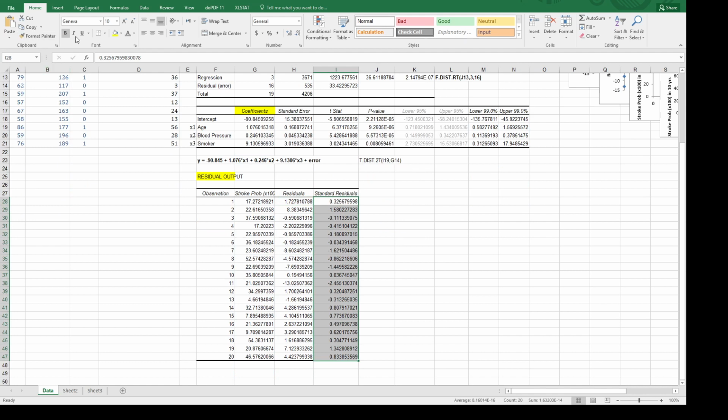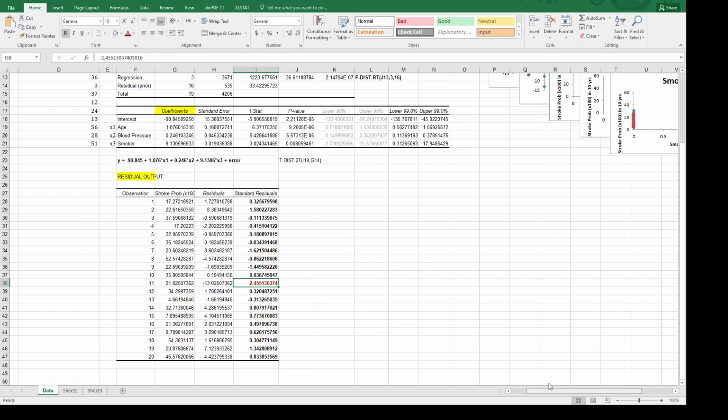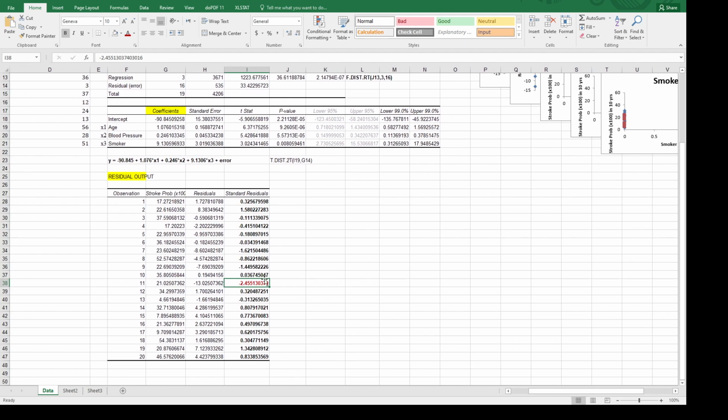So these values, you just need to double check whether there is anything above 2 or below negative 2. And as you can see, everything is okay except for one value here, which is less than negative 2. So what I said is just watch for values that, let me just use a red color, are either above 2 for standard residuals or less than negative 2, and this value is.